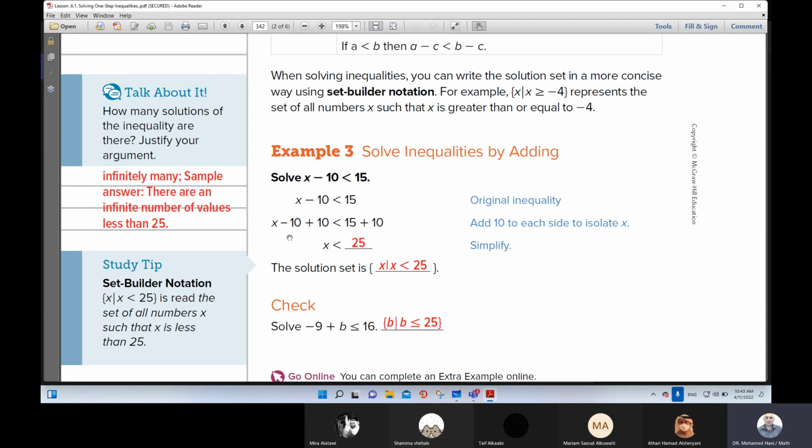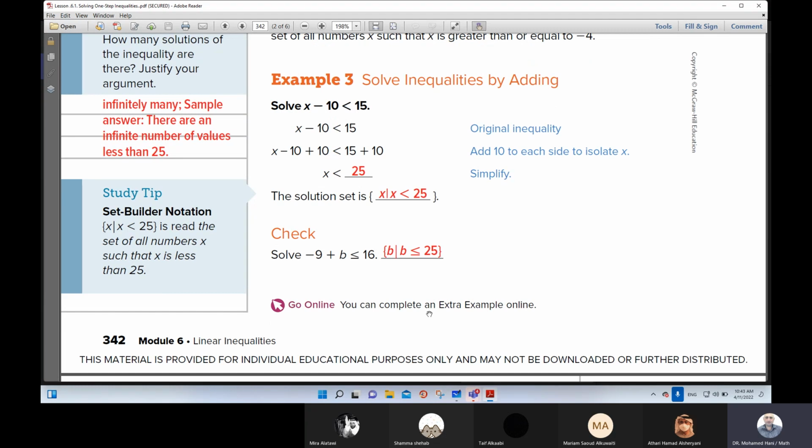Now negative 10 and plus 10 will be 0. Remains x less than 15 plus 10, which is 25. So x less than 25. Then we can write the solution set: open the builder notation, then write x such that x less than 25.